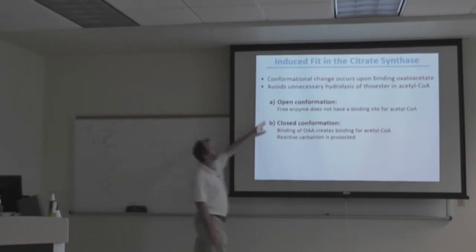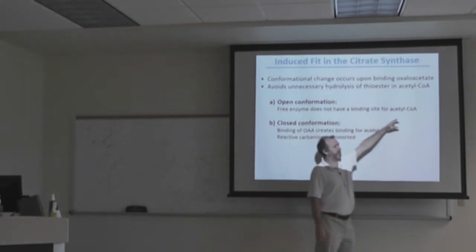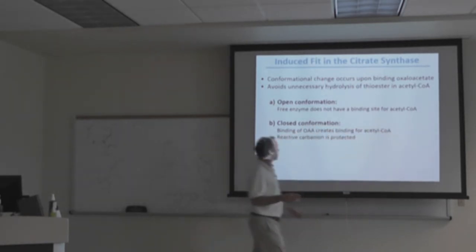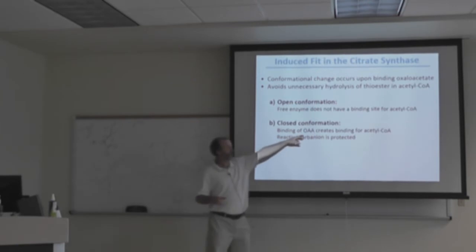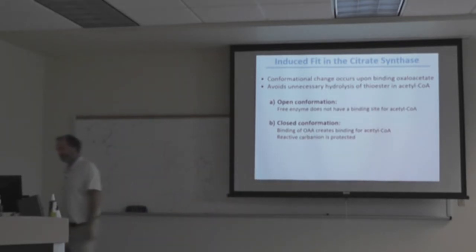So in the open conformation, the free enzyme does not have a binding site for acetyl-CoA. It has to bind oxaloacetate first, and then that causes a conformational change, opening that binding site for acetyl-CoA. So you're not going to burn that thioester without oxaloacetate ready there for that carbon-carbon bond.